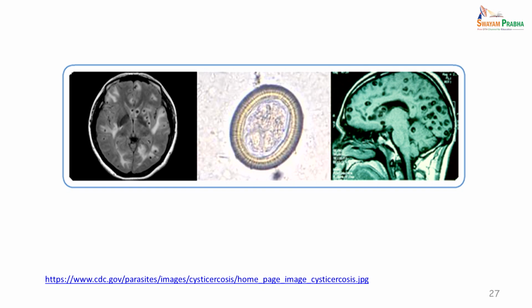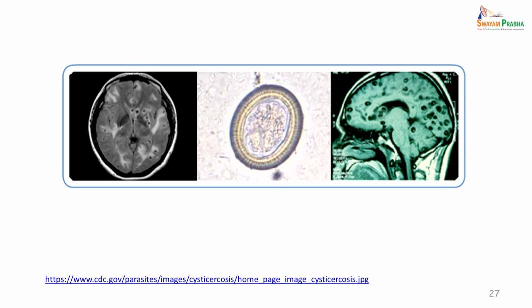Now, this picture in the center shows you the egg of Taenia solium, and on the left and right you can see images showing areas of emptiness, so to say, which are the cysticerci present in the brain.